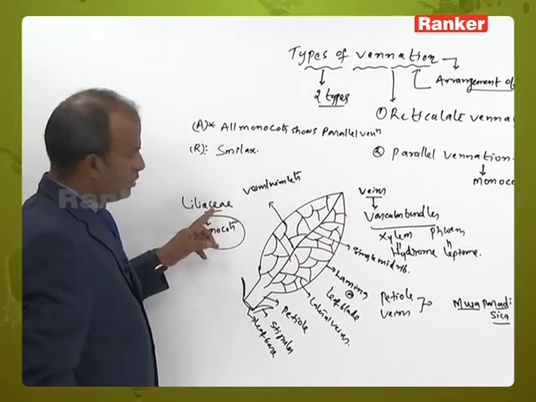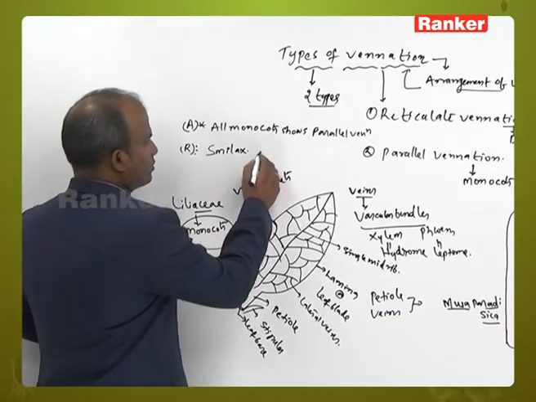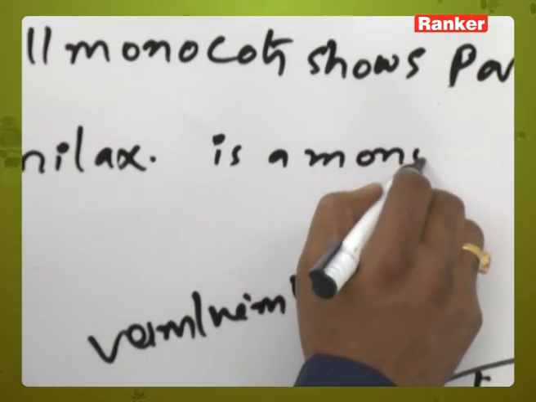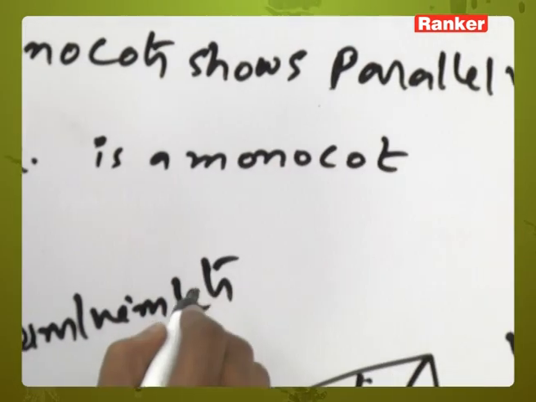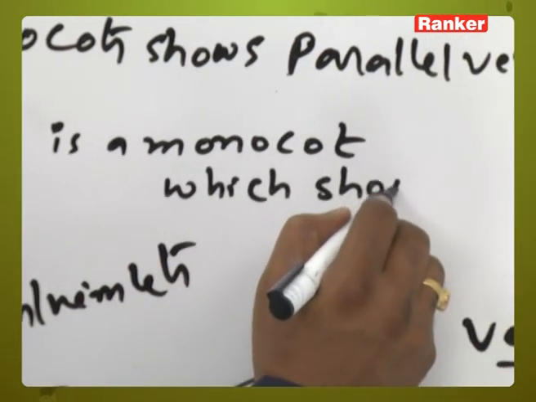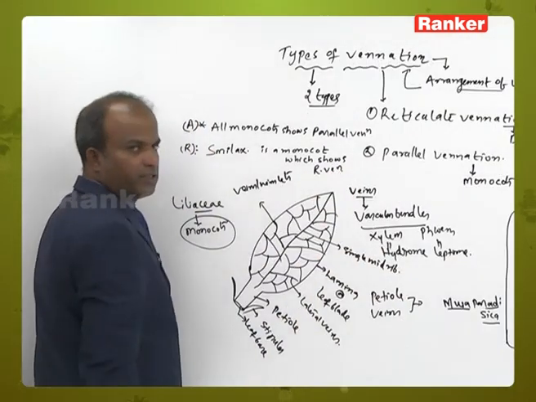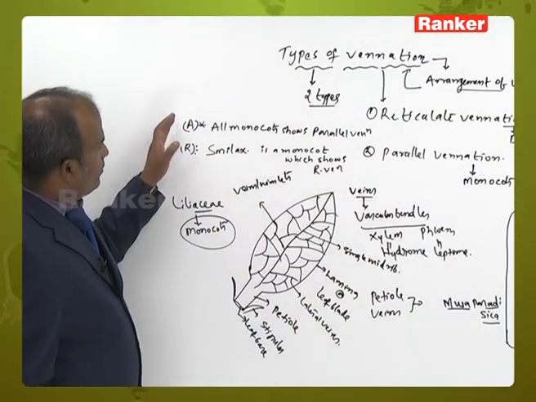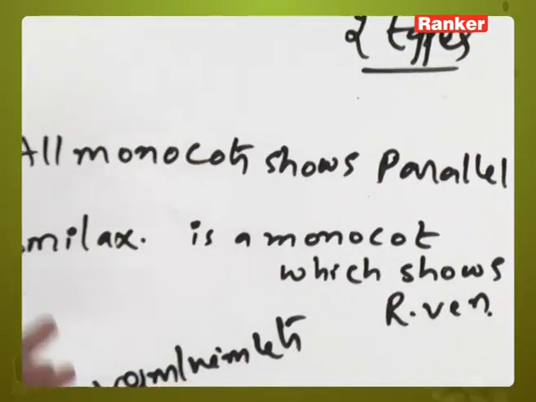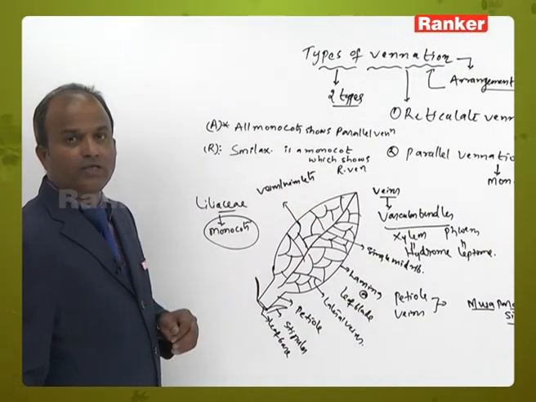Smilax belongs to Liliaceae, that is, monocots. Which venation does it show? Smilax is a monocot which shows reticulate venation.